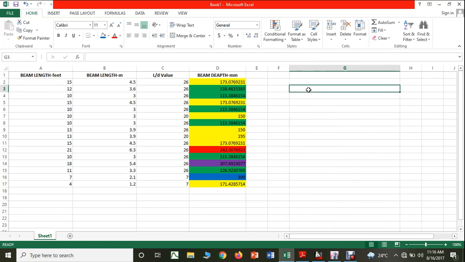So what I will do, I will make beam 1, the first beam, a beam of depth 300 mm. Let us make a beam of depth 300 mm, right? Just give me 1 minute.